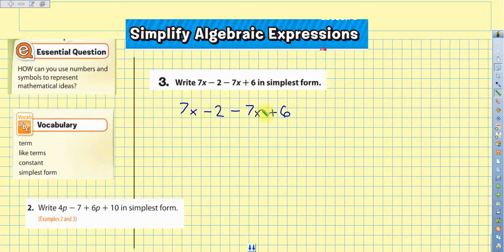So I'm going to look at my variables first. I have a 7x and I have a negative 7x. Okay, remember the negatives and positives always go in front of the number. But then I have some constant numbers. I have a negative 2 and a 6.